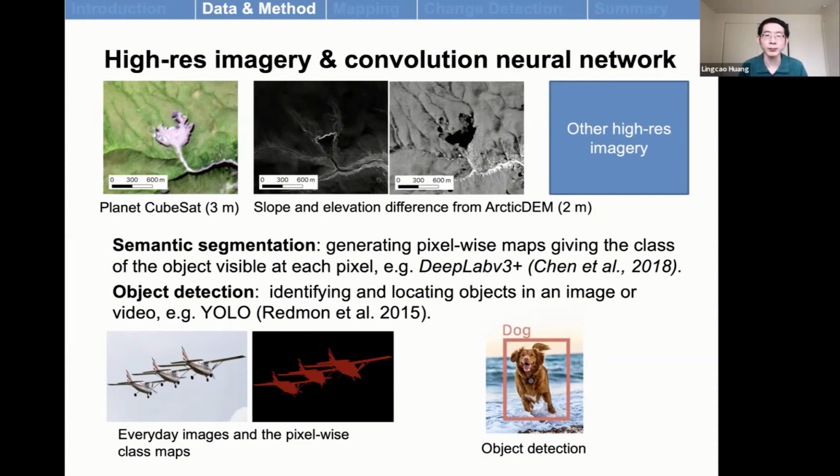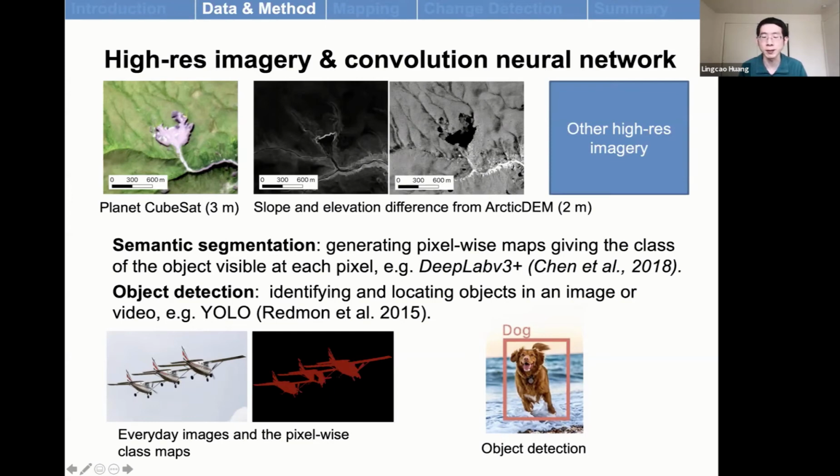Specifically, in deep learning there is a technology called semantic segmentation, and another called object detection. Here are two examples of semantic segmentation. For semantic segmentation, the algorithm identifies things pixel by pixel.